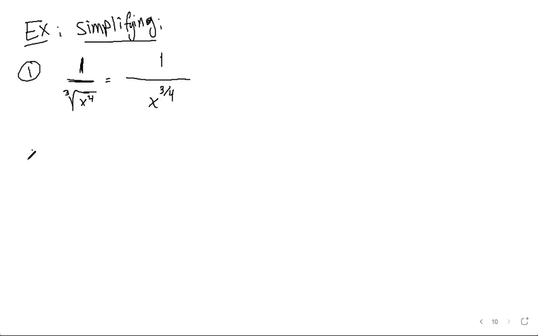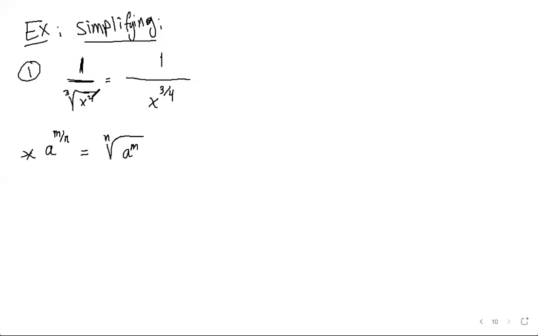Again, this is exactly like the nth root of a to the m. Here we have the radical, and we want to change it to the rational form, something that looks like this. So 1 over x; here the root is 3, and the exponent for x is 4.